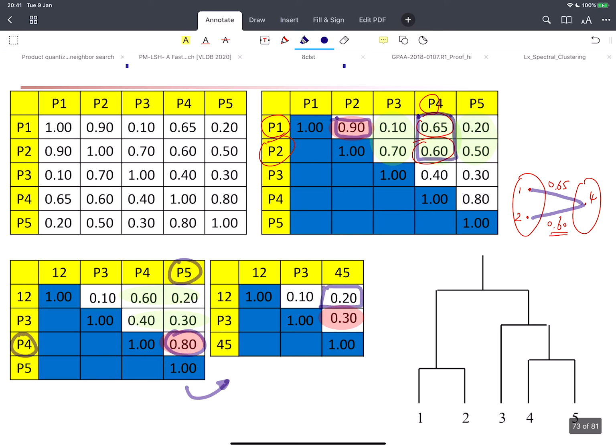This is the most complex one. So again, we should choose the minimum value of the similarities. This is between 1, 2, and 4, and 1, 2, and 5. Right? 1, 2, and 4 is here. 1, 2, and 5 is here. So you take the minimum between 0.6 and 0.2, which gives you 0.2.